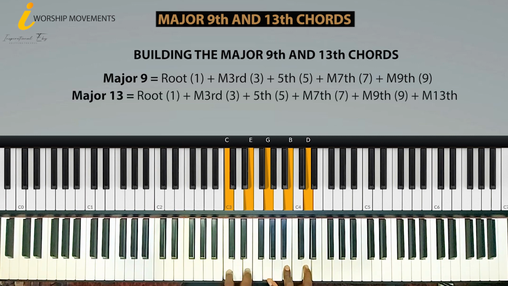The C major 13 will just add the 13th degree of the C major scale. So this is the 9, 10, 11, 12, 13. So this is the C major 13 chord. This is it.